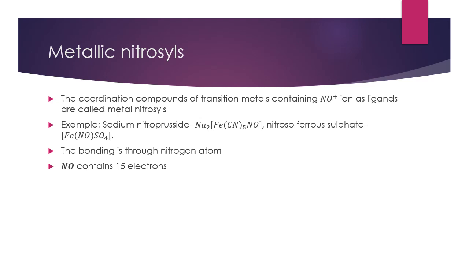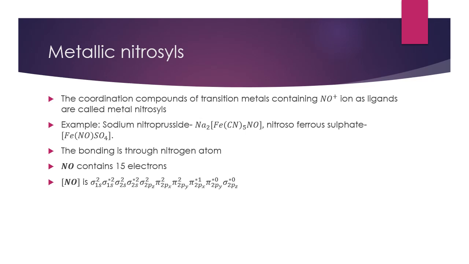Let's see the electronic configuration of NO. It is sigma 1s2, sigma star 1s2, sigma 2s2, sigma star 2s2, sigma 2pz2, pi 2px2 and pi 2py2, both of equivalent energy, and pi star 2px1 and pi star 2py0. Here we can see that one electron enters the anti-bonding pi molecular orbital.